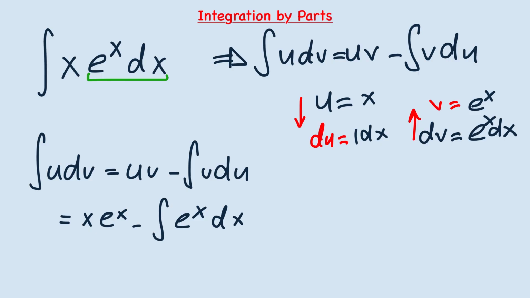So let us just write dx. Now I can integrate this part very easily to get the final answer. So the final answer will be x e^x. Integration of e to the power x will be again e to the power x. Now we should not forget plus c. And this is our final answer.